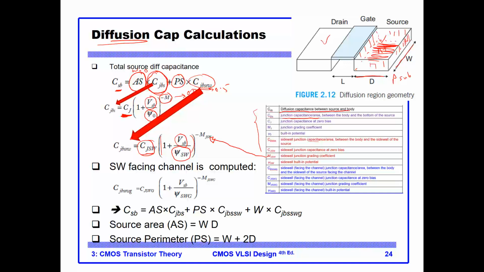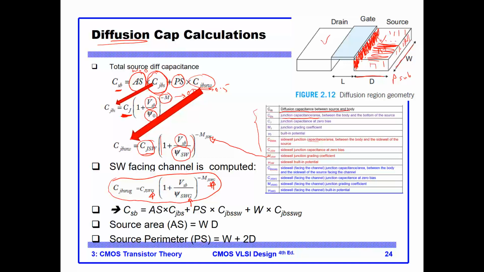Now it turned out that this sidewall, which is facing the channel, has a special coefficient. So what we do is compute the coefficient the same way, but with separate parameters where a G is added at the end. You see, this G is added at the end. This is just for this side of the perimeter.